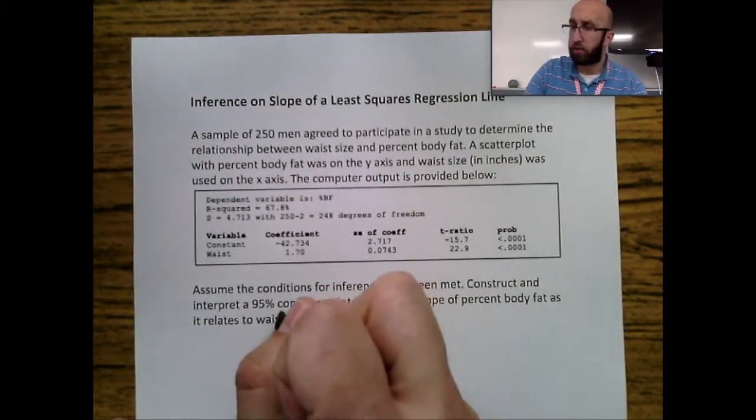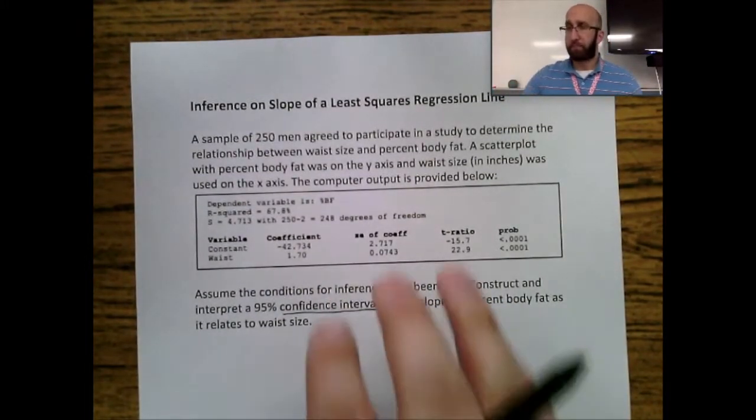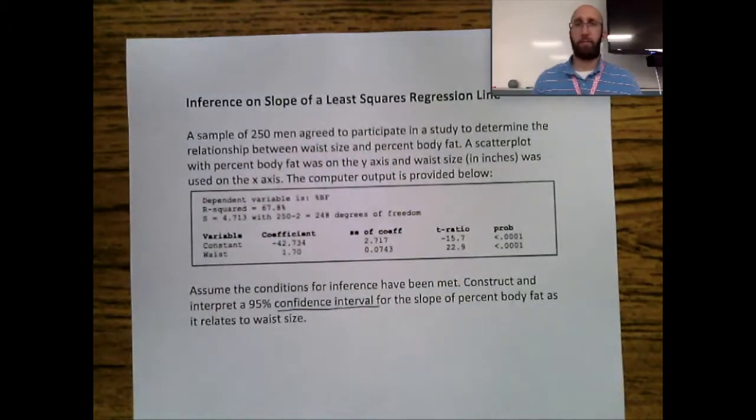So we're going to construct a confidence interval. When we did our lines of best fit, our least squares regression line, we were collecting a sample and creating a line of best fit.